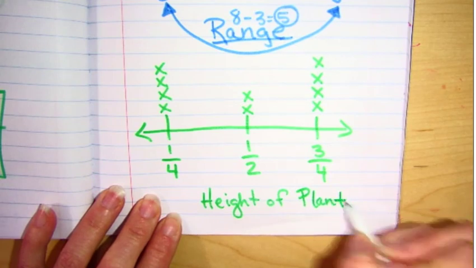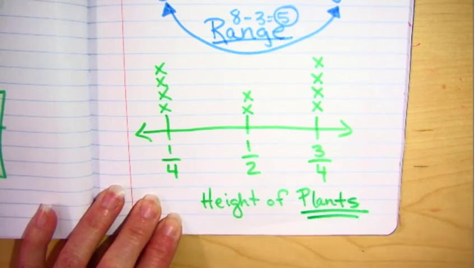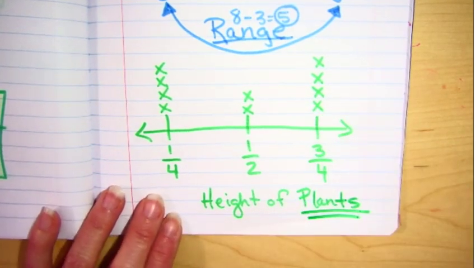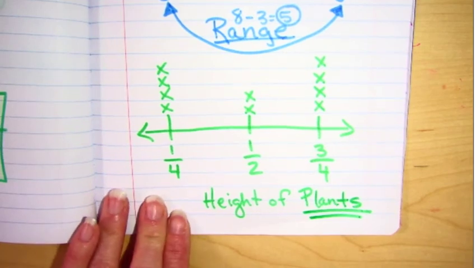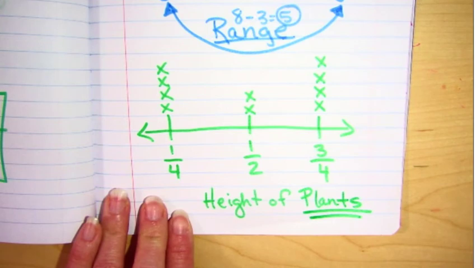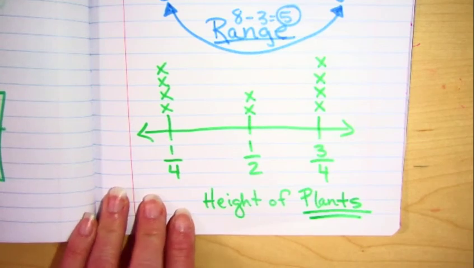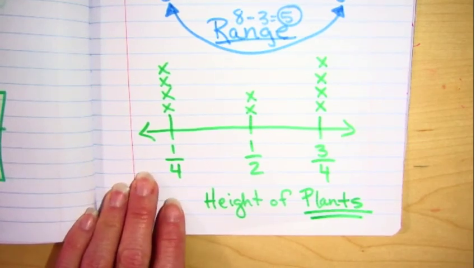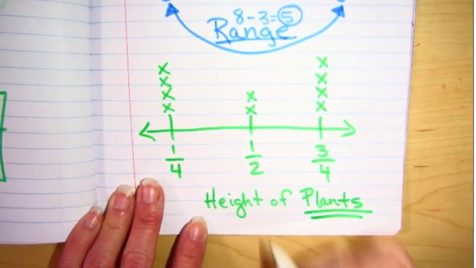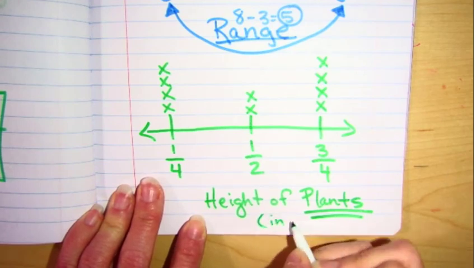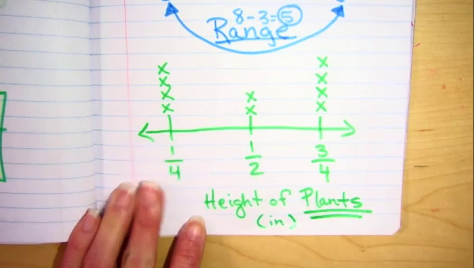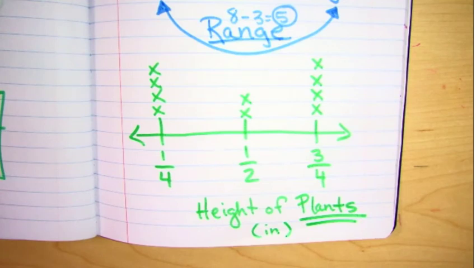There's always going to be some sort of title. Each X on this one represents a what? A plant, okay? So you need to know what each dot or X represents. So on this one, if I say this is a table showing height of plants in inches, each X represents a plant that I have measured and plotted on my data table. Does that make sense?